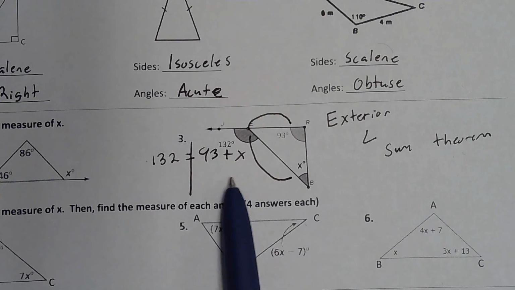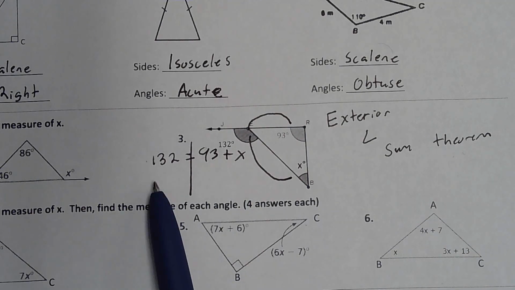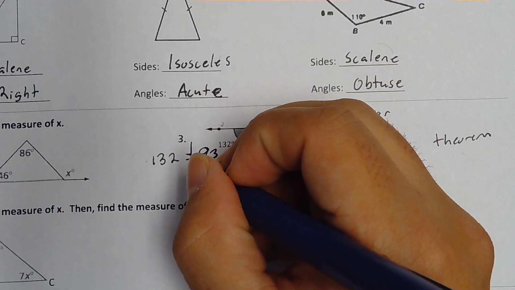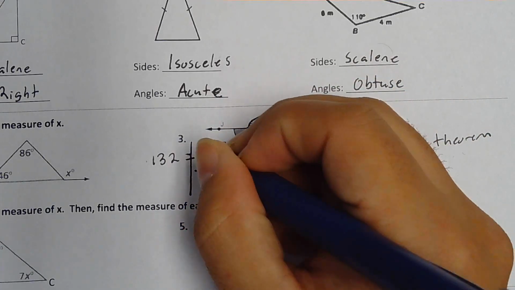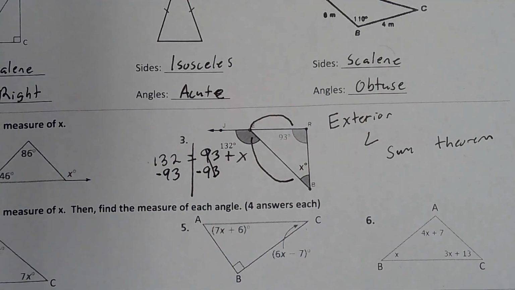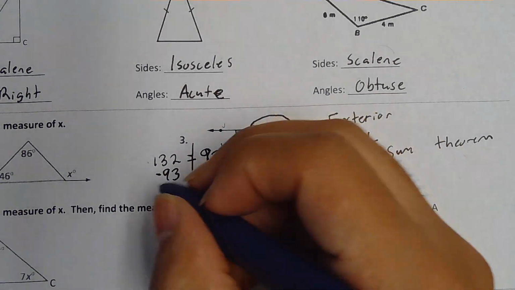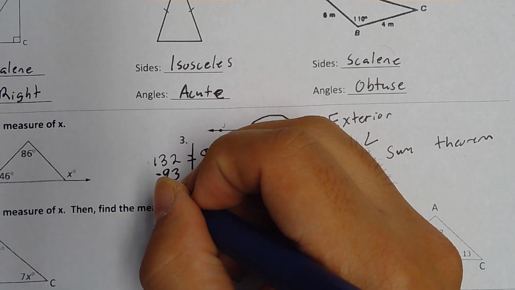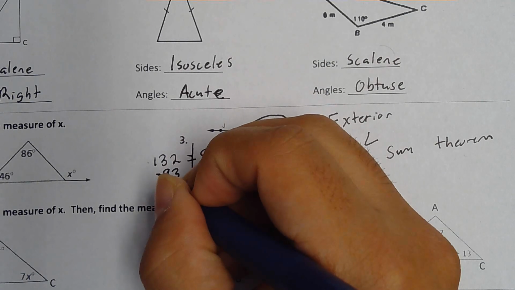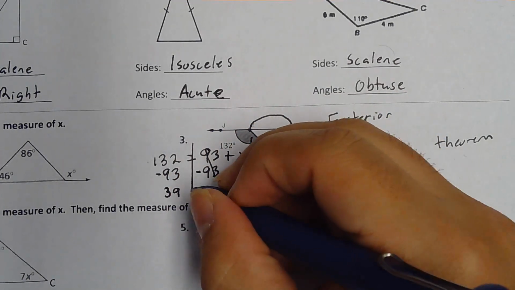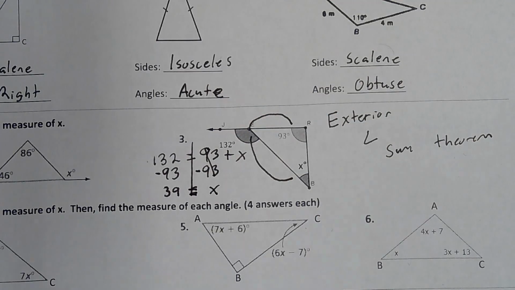So I already have my x by itself over here. So I need to have my constants on this side. If I have a positive 93, what's the opposite of a positive? Negative. Okay. 132 minus 93 is going to be, I think, 39. 39 equals x.